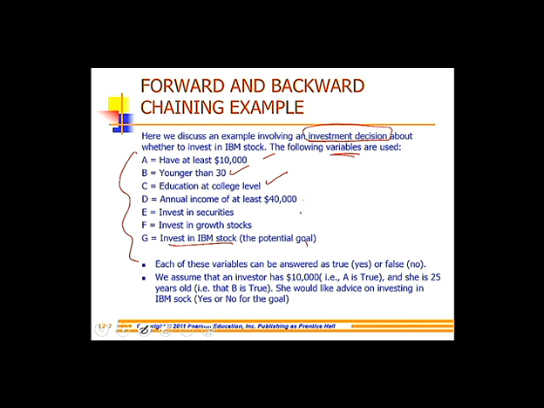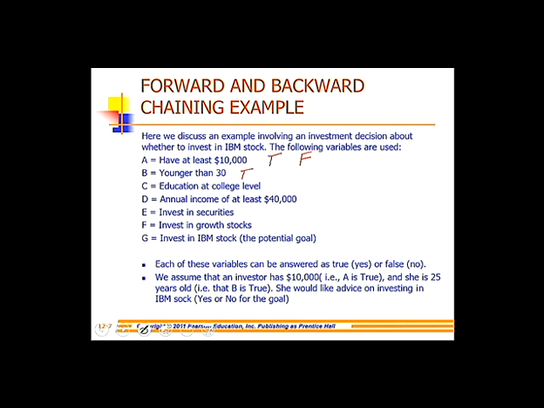In some problems, let's say if the user has at least $10,000, then A will be true. If the user does not have $10,000 or more, then the value of A will be false. Similarly, in certain cases, the age of the user who is asking the question, let's say it is 25 or 20 or 18, then B will be true.